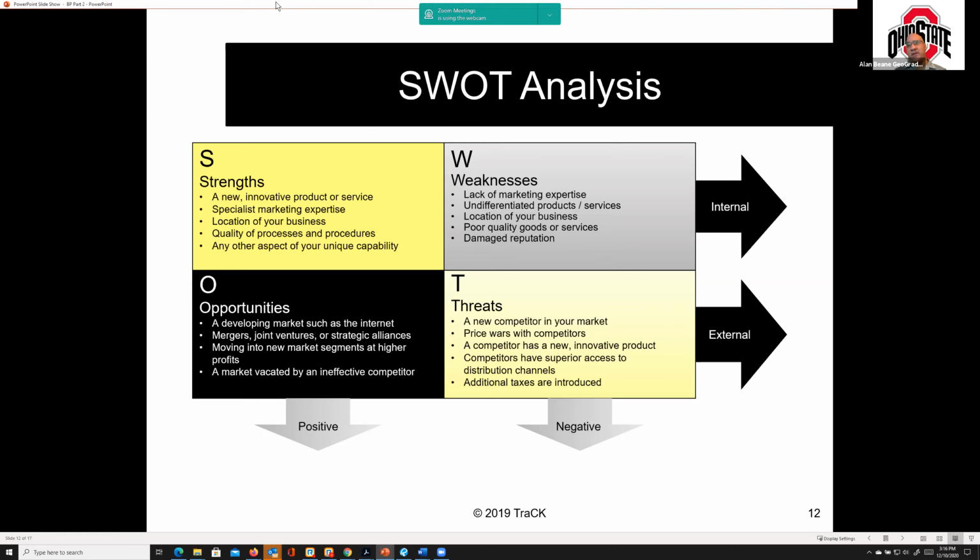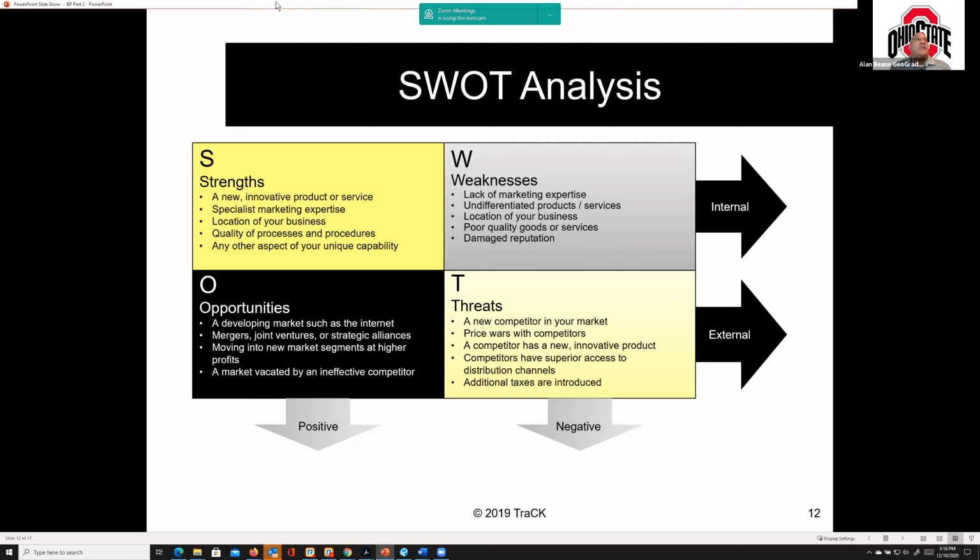And it also helps them to document where they're at as well. Because if something happens, if they have to take a vacation day or something, but you still have some work to do, it's easy to pick up and know where that person was, so that you can keep the project moving. So quality of processes and procedures could be a strength, or just any other aspect that gives you a unique capability or ability to perform.